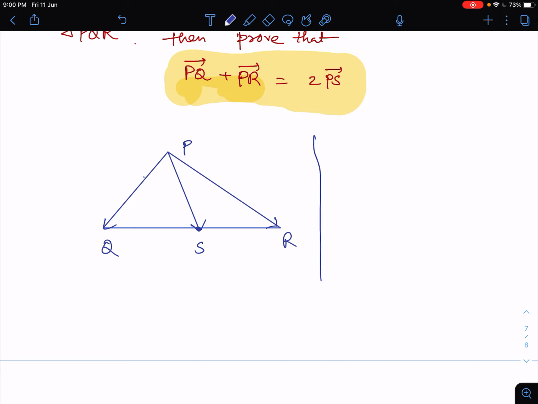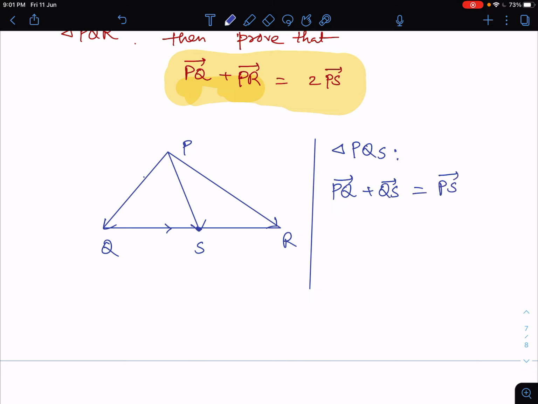So let us apply the triangular law in the individual triangles. In triangle PQS, you will get PQ plus QS is PS, since PQ and QS are in anti-clockwise direction and PS is in clockwise direction.